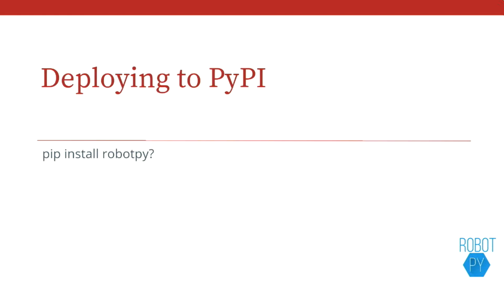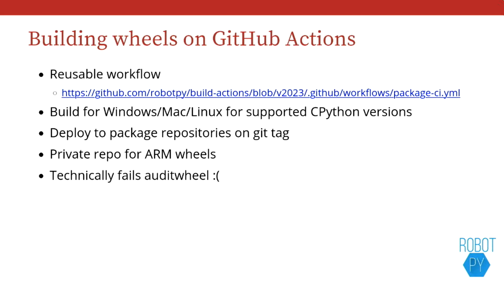So you might be wondering then, how do we ship all these libraries to our users? We basically just want them to be able to pip install RobotPy and things work. So what we do is we build a bunch of wheels in CI.